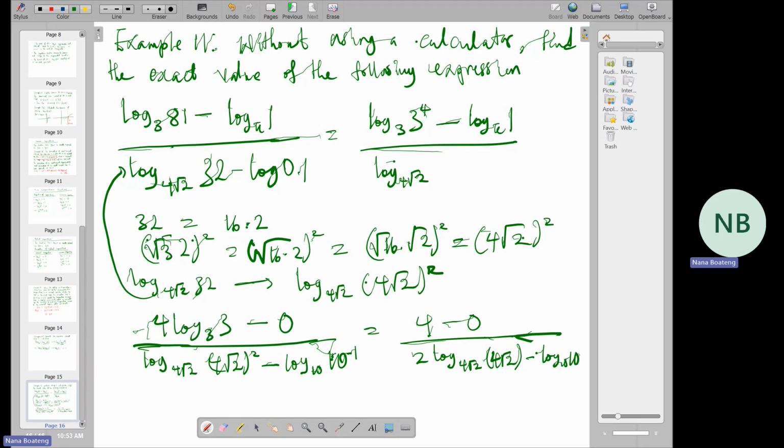So the minus 1 comes in front of the log. So this becomes 4.